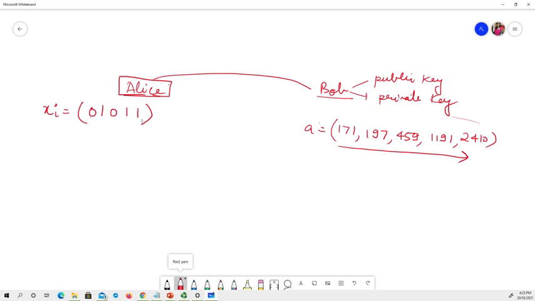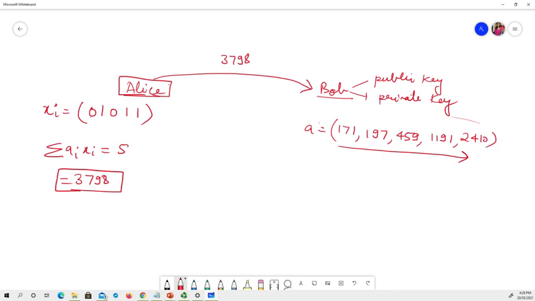Alice on the other side will multiply 0 into 171. So it would be the summation of ai and xi that would give you the sum value over here, which, once you calculate this, would be 3798. Alice, once she computes this number, would send this 3798 to Bob.